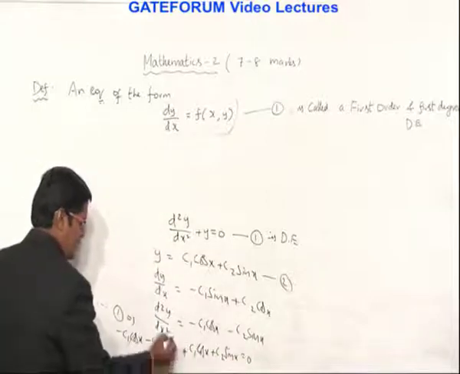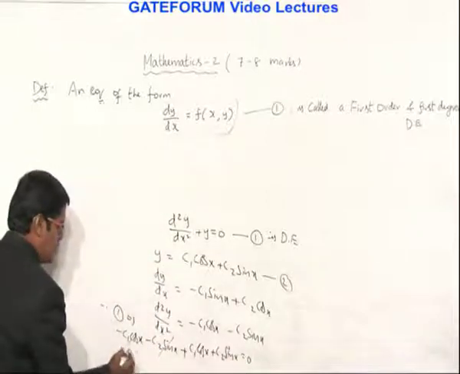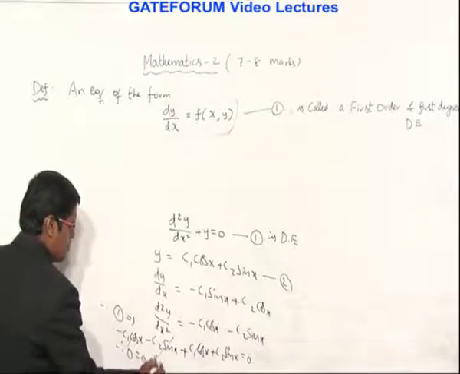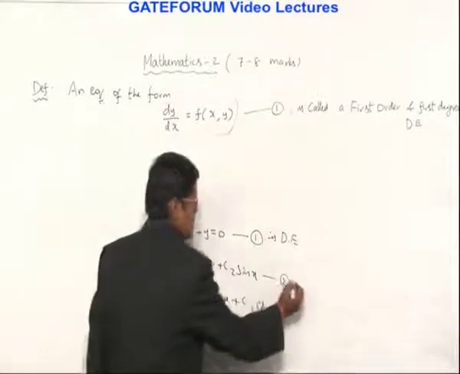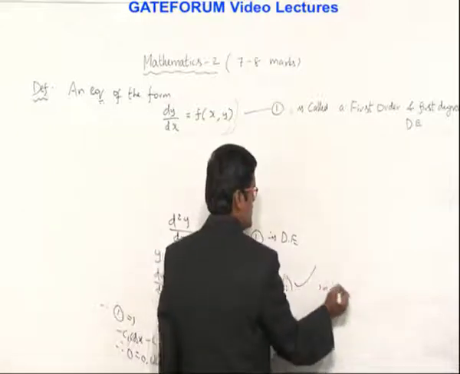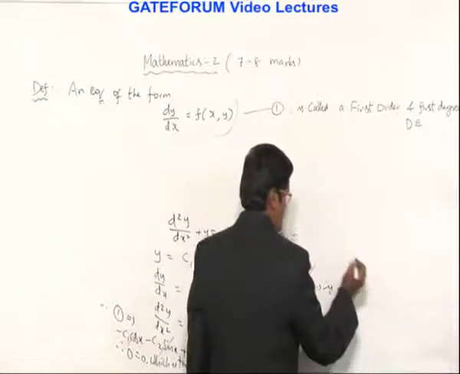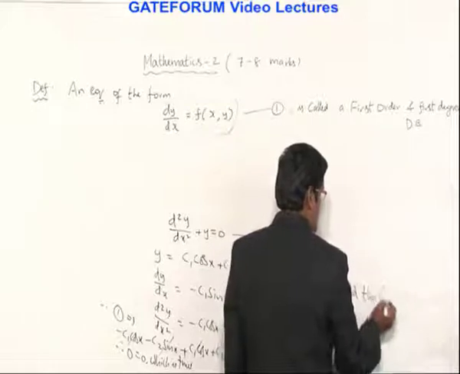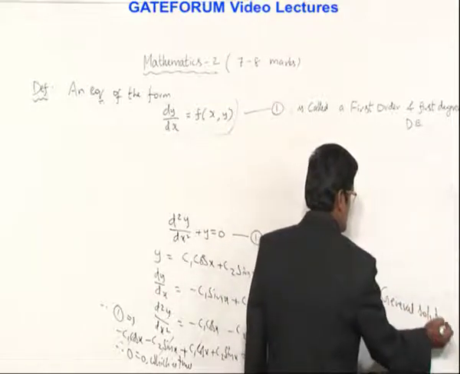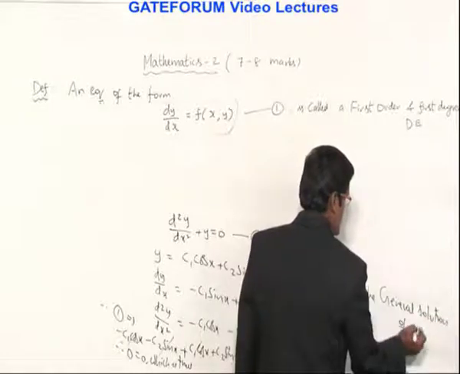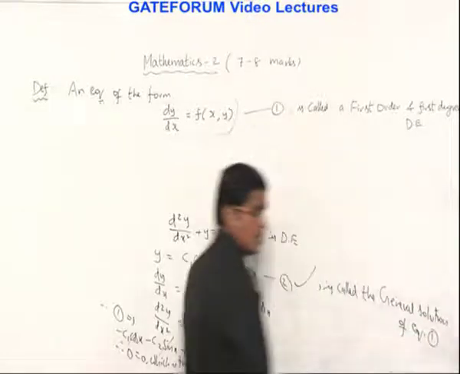Both cancel, so we get 0 is equal to 0, which is true. So equation 2 is the general solution of equation 1.